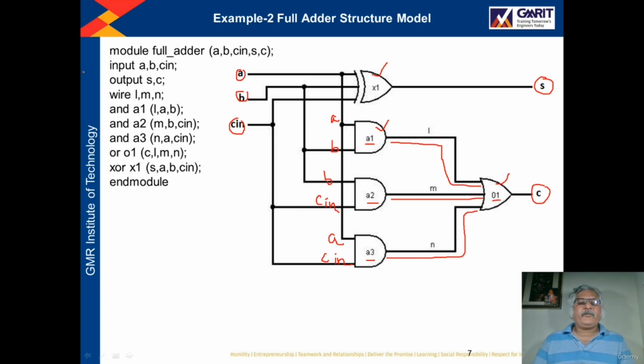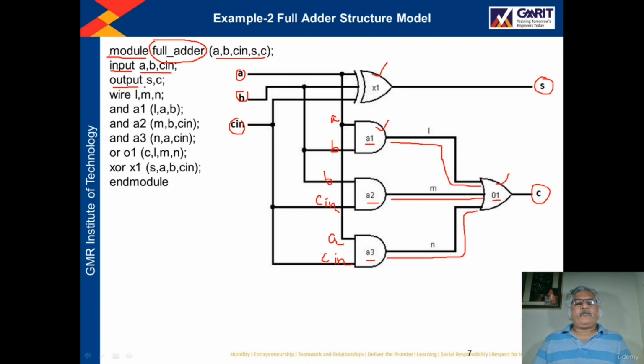So now you see this code. I have given the name of this module as full_adder. Then there are five ports: A, B, C in, S, C. Input ports are A, B, C in.